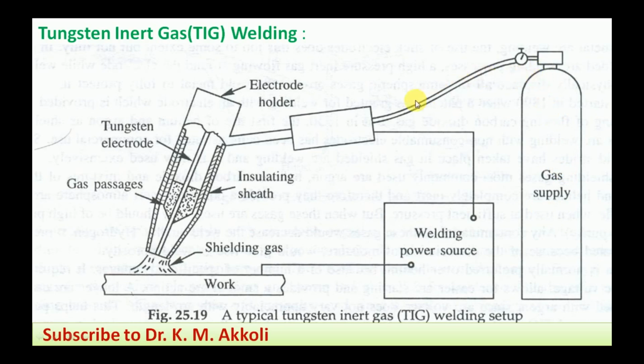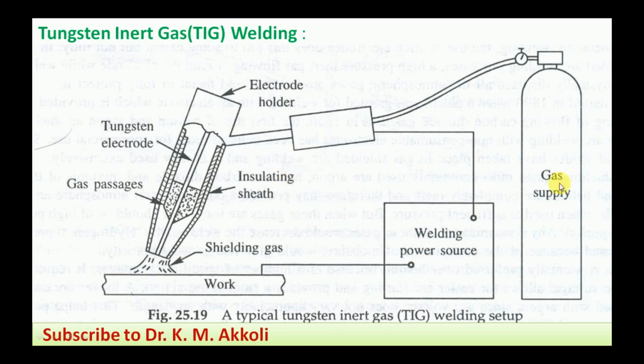The gas is supplied to the electrode holder, flows through the passage, and comes to the welding spot. At that spot the protection takes place, and insulation is provided outside, with these gas passages.